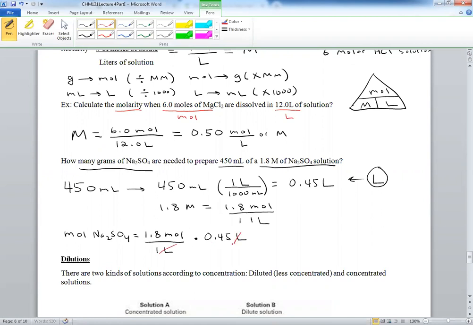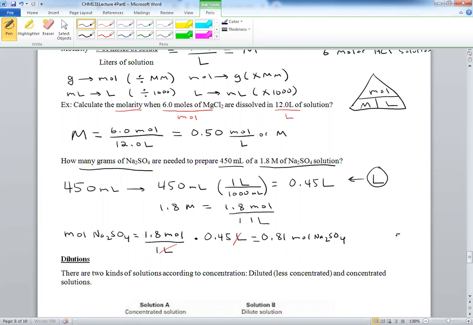The liters cancel out. Let's calculate. You just multiply 1.8 times 0.45. And that would give you 0.81 moles of Na2SO4. Now, you're almost finished.